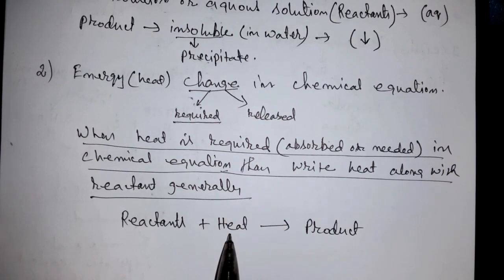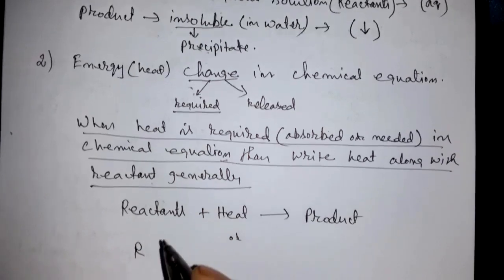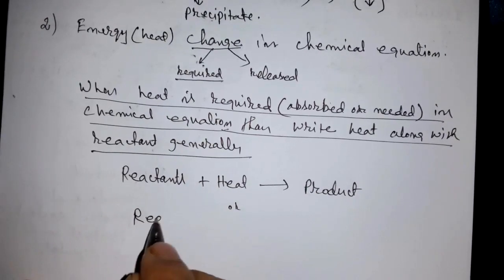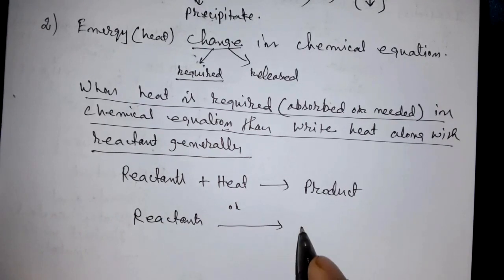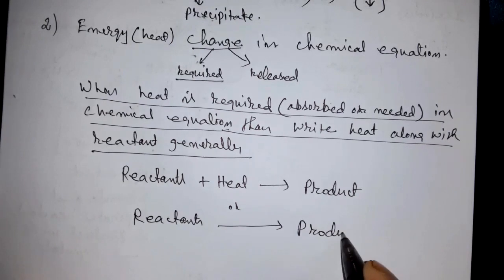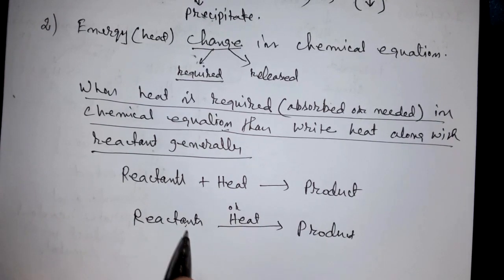We have to supply this heat, and only then will the reaction take place. Sometimes heat is written above the arrow. If it is above the arrow also, you consider it is with the reactant. That means this heat is required.